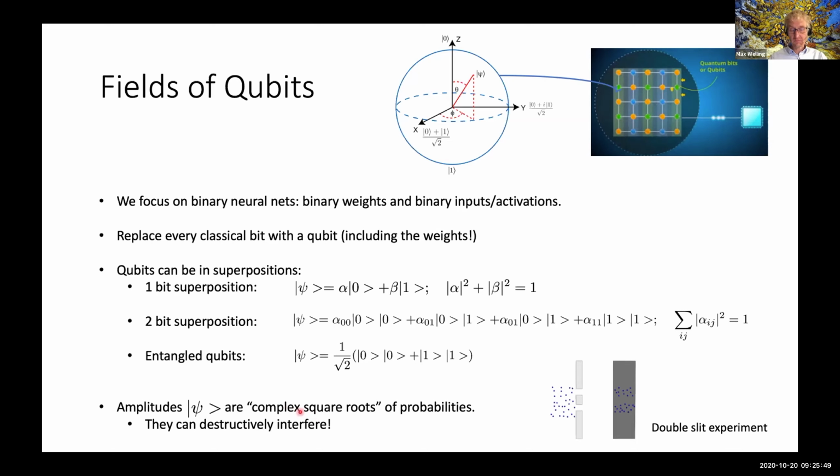But for a quantum system, you have to add up the complex square roots of probability distributions, and they can be negative, and so they can interfere, which means that they can cancel each other out. That phenomenon happens when you send particles through slits: if you close one slit, then you have points here, but if you open up both, those will no longer be there. Basically the amplitudes coming from here and the amplitudes coming from here cancel each other out, which we call destructive interference.